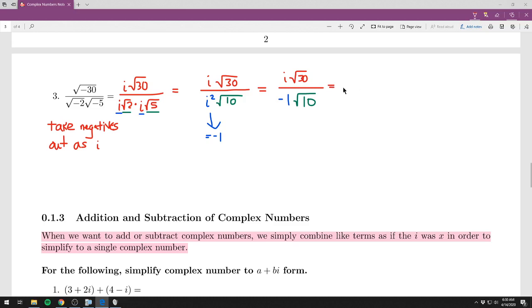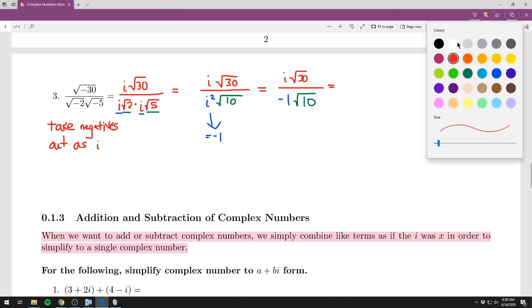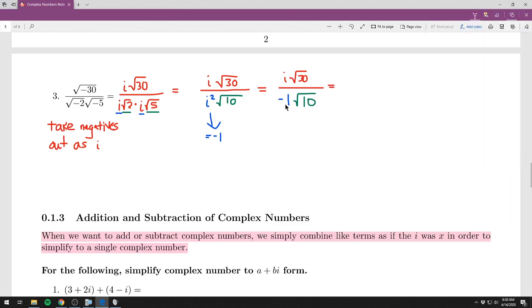Right, now once you're here, you're pretty much in a good spot. There's one thing left to do. We can bring the negative out front, which is what I'm going to do. And we got an i on top, and the square root of 30 over the square root of 10. Right, so when I move the negative out front, multiplying by 1 does nothing.